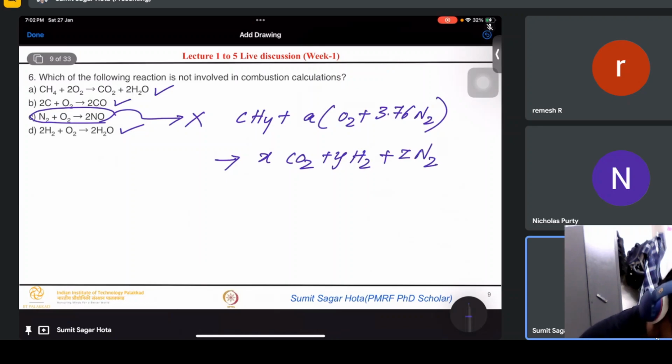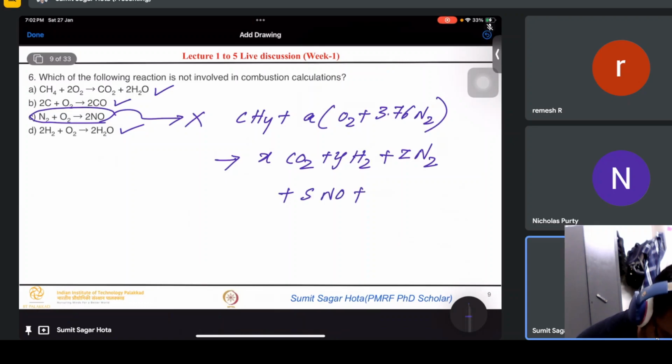For example, in place of this, I am providing some excess amount of, for example, oxygen, and nitrogen is there. For example, one more species we can add, maybe S times of NO.